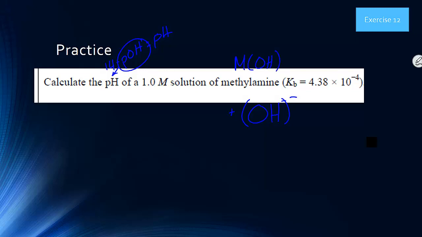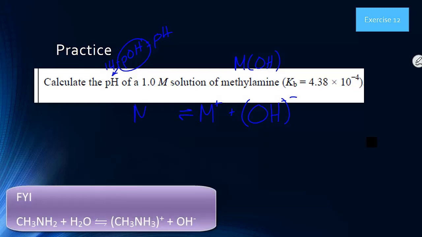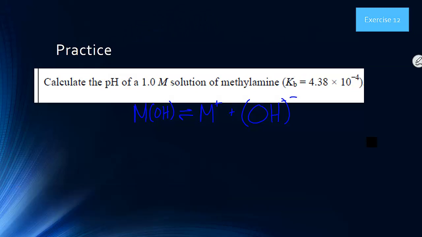It's going to set up a base, forming some cation and the hydroxide anion. And so, with methylamine setting up that equilibrium, I can determine my concentration of hydroxide and then subtract that from 14. So, initially, I'd have 1 molar, none, and none.